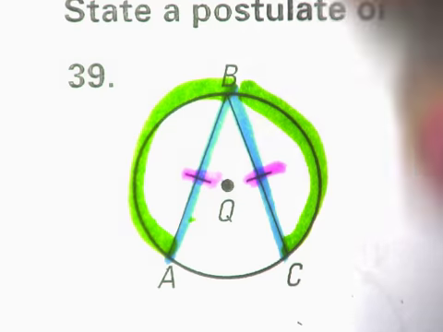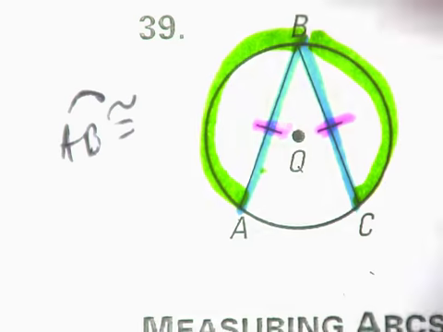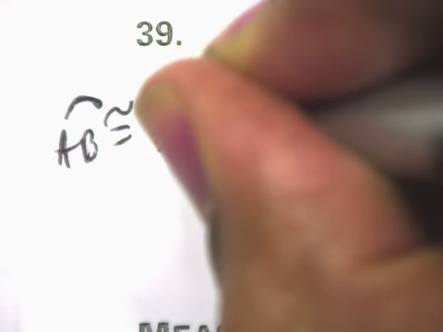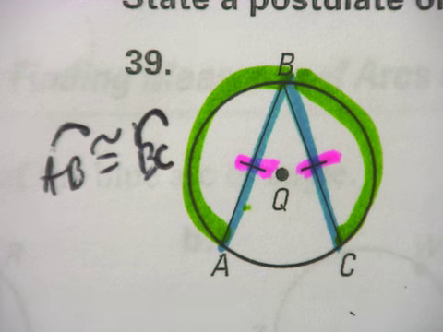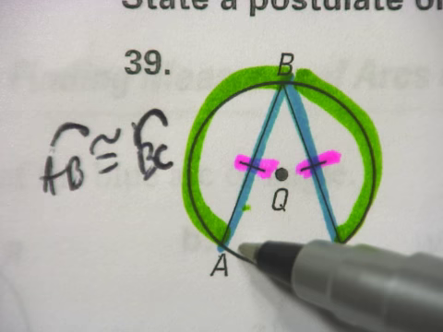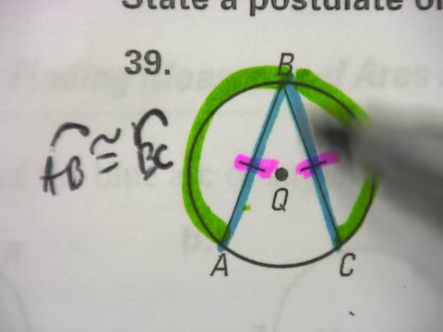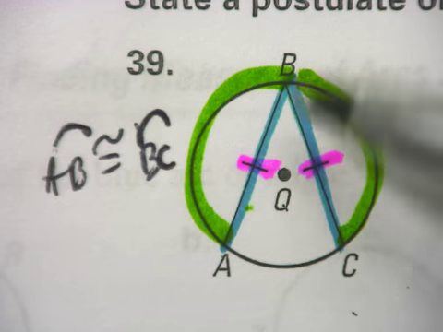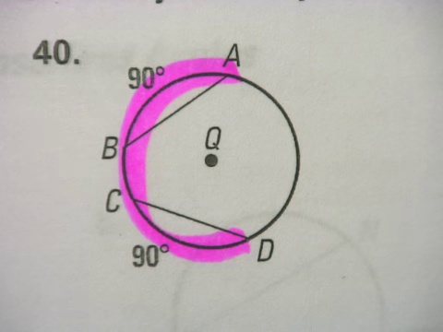And if chord AB is congruent to chord BC, then arc AB is going to be congruent to arc BC, as long as they are minor arcs. Because the rule says that if one chord is congruent to another chord, then the minor arcs that they create are congruent.